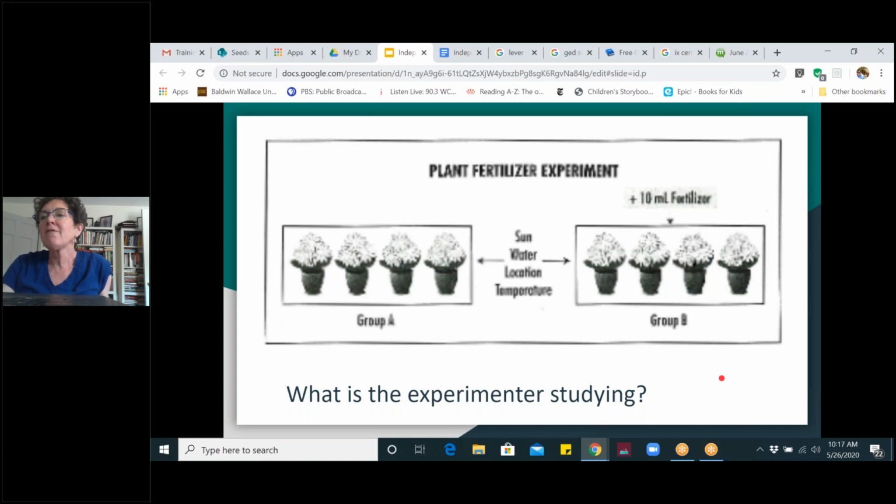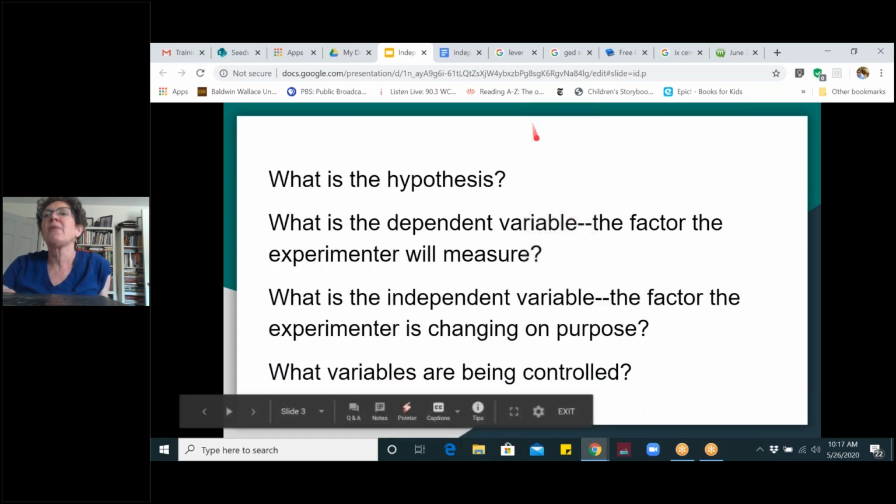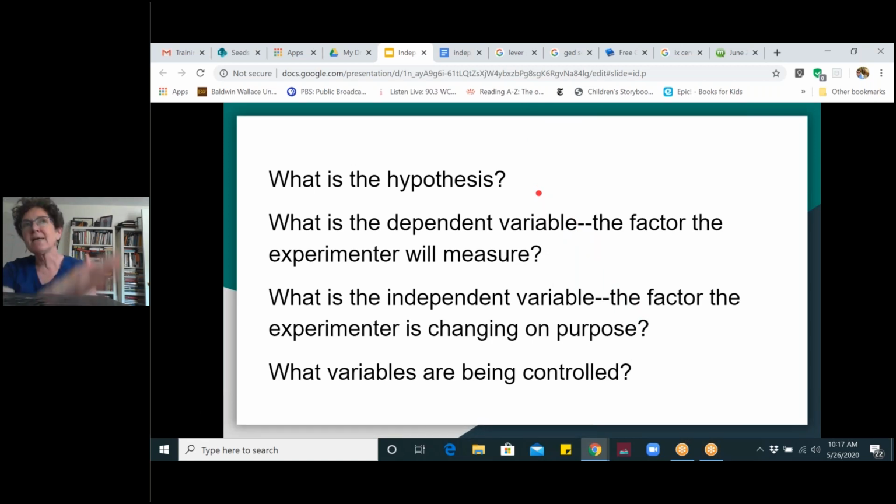So in this plant fertilizer experiment, the hypothesis is, will the addition of fertilizer make a difference in the growth of the plants? The dependent variable is what we are measuring. That's what we're looking for. Did the growth of the plant change because we put fertilizer on them?